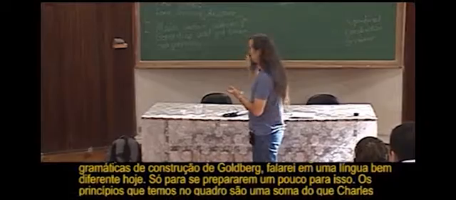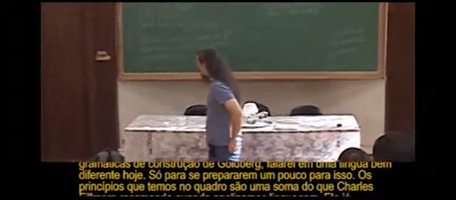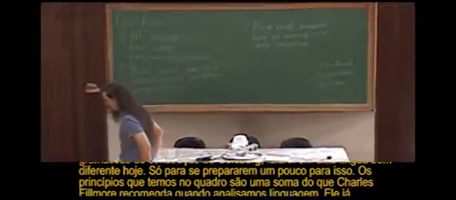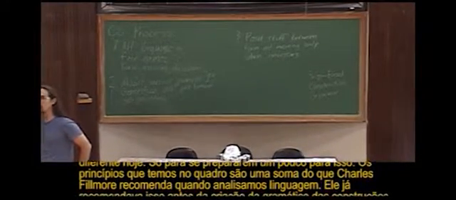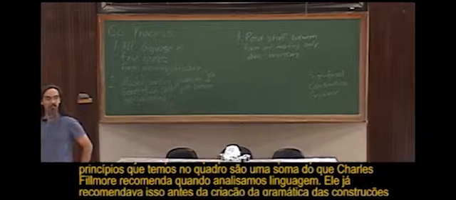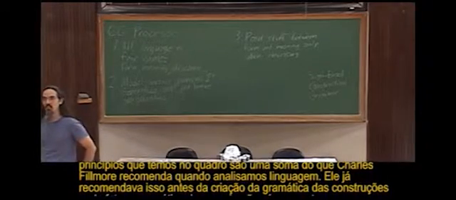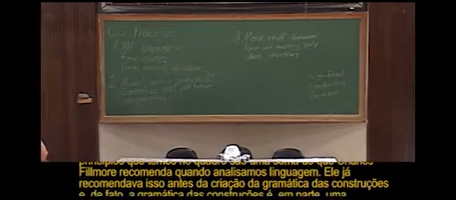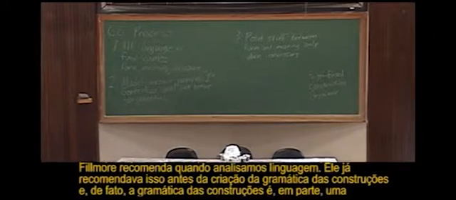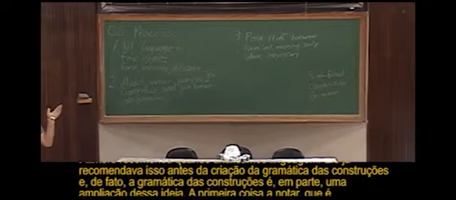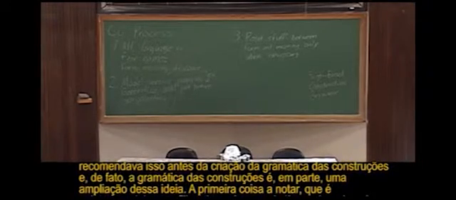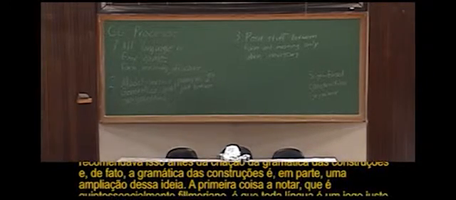Okay. So from the principles, the principles that I have on the board are sort of a summation of what Charles Fillmore recommends when analyzing language. And he was already recommending this before construction grammar was created, and in fact, construction grammar is in part an outgrowth from this idea.